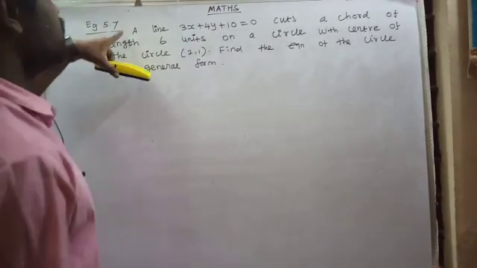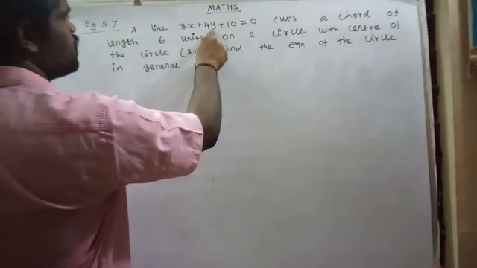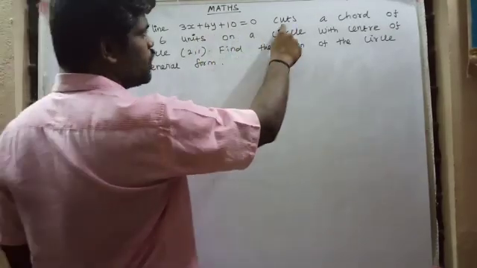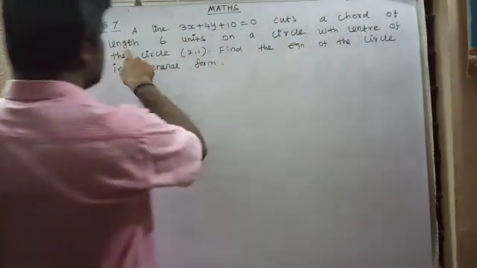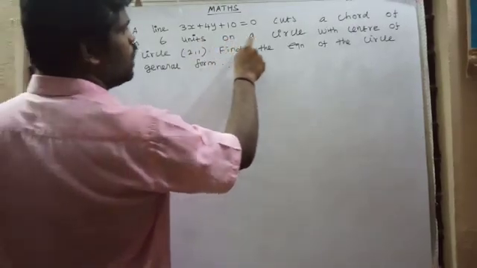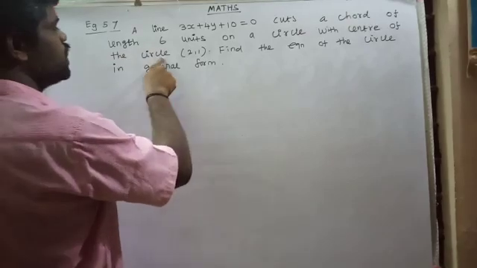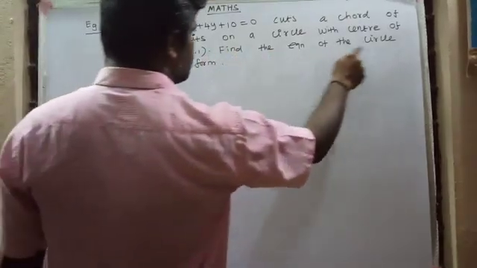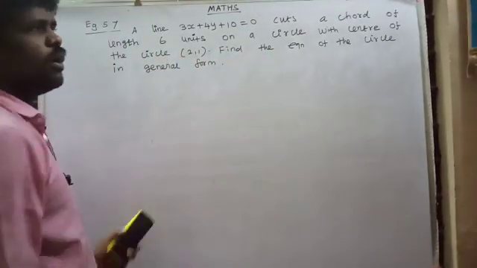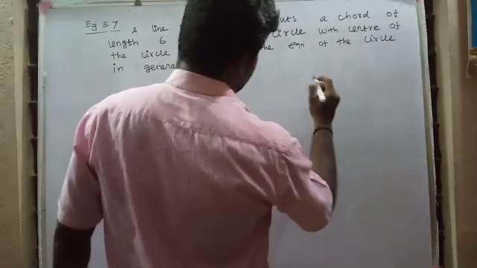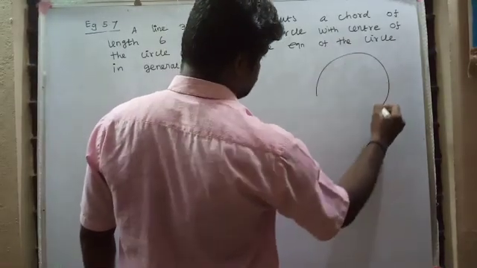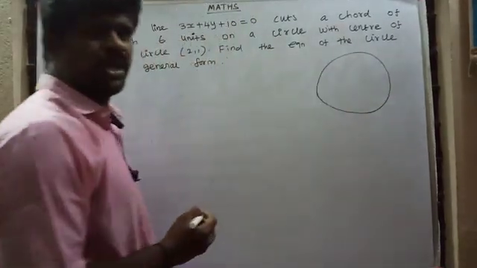Example 5.7. A line 3x plus 4y plus 10 equal to 0 cuts a chord of length 6 units on a circle with the center of the circle 2, 1. Find the equation of the circle in general form. First of all, you want to know what is given.